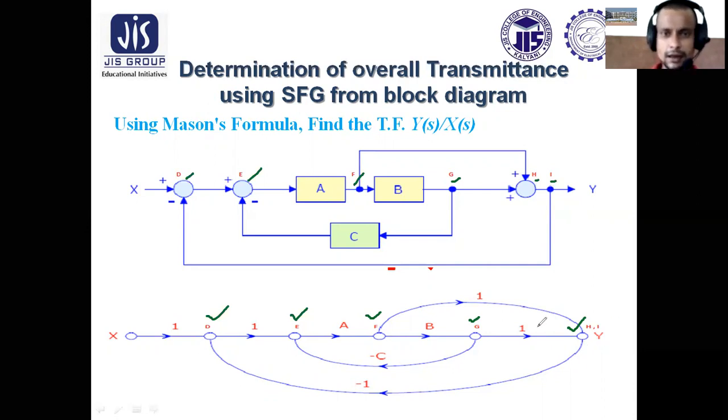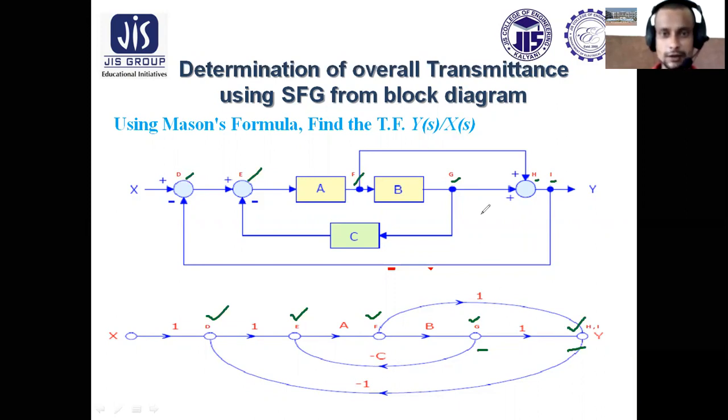Now see, if you observe here, G is a takeoff point. After G there is one summing point. So G and H are considered as different nodes, but H is a summing point, I is a takeoff point. Why didn't we consider these two as different nodes?